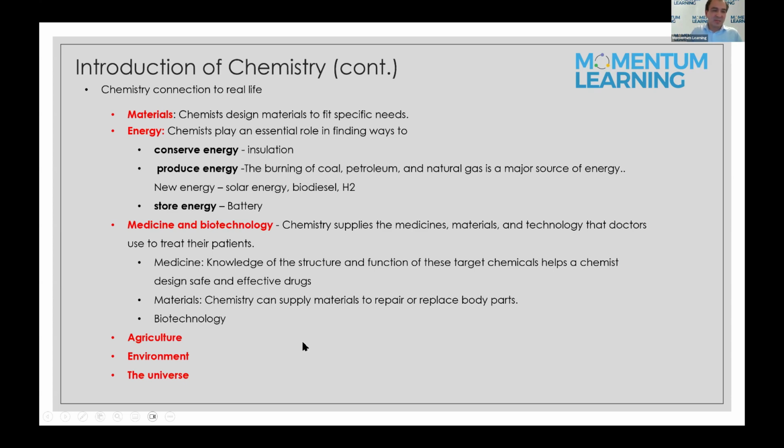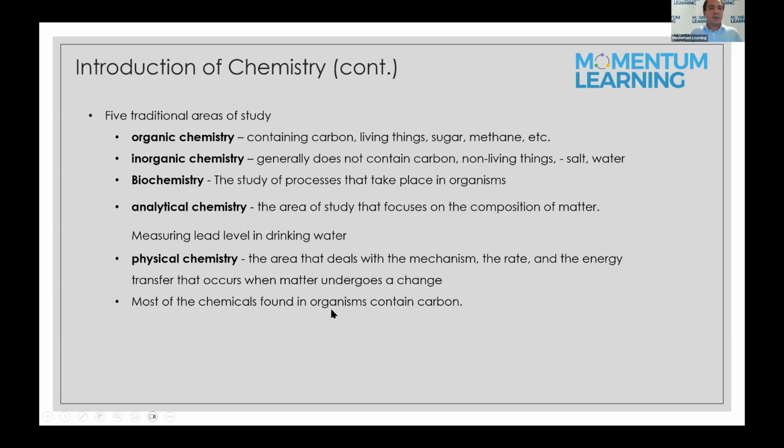So other uses of chemistry are agriculture, environment, and the universe as well. There are different branches of chemistry. We said organic chemistry, carbon containing or living things, especially. Inorganic chemistry, non-living things. And then biochemistry, biology and chemistry related. Analytical chemistry usually focuses on the composition of matter.